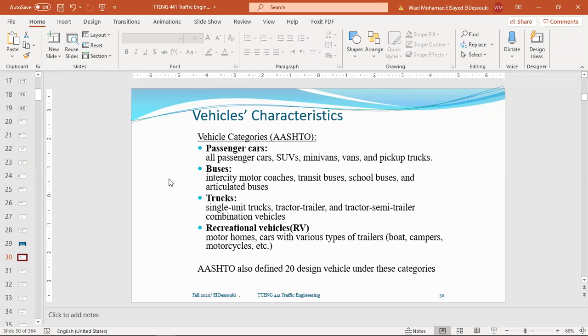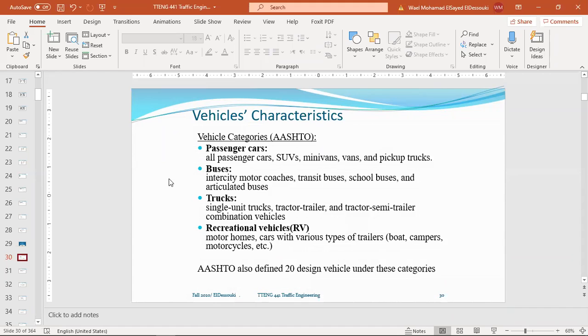Passenger cars are a wide category that includes sedan cars, SUVs, minivans, vans, small vans, and pickup trucks. Buses start from small buses that can take maybe 24 passengers and more. This is considered a bus.